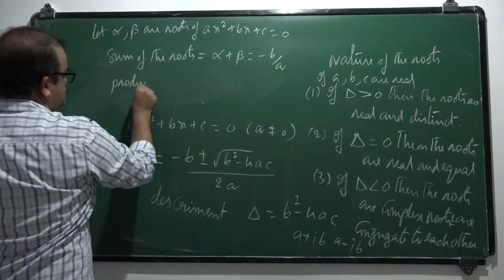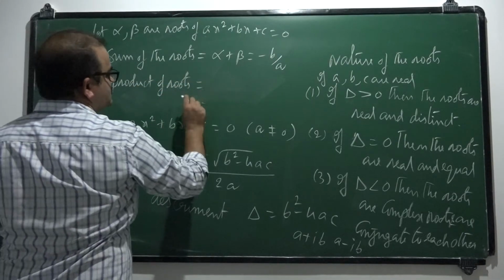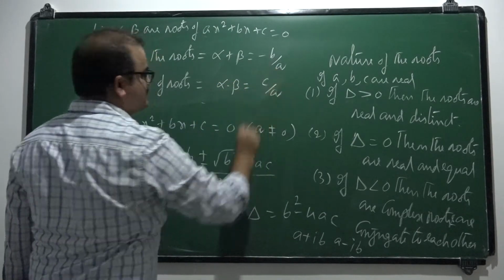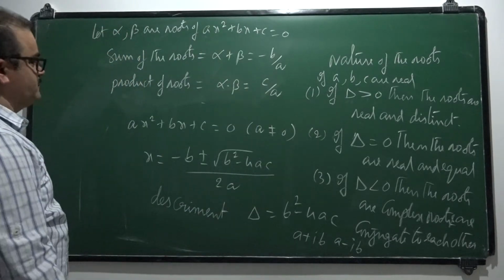Product of the roots, that is alpha into beta, that is equal to c by a. Constant term by coefficient of x square.